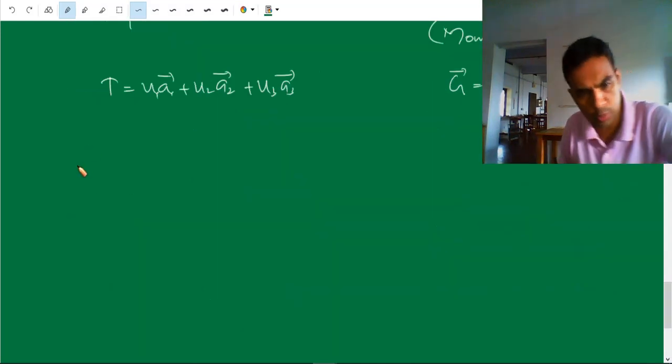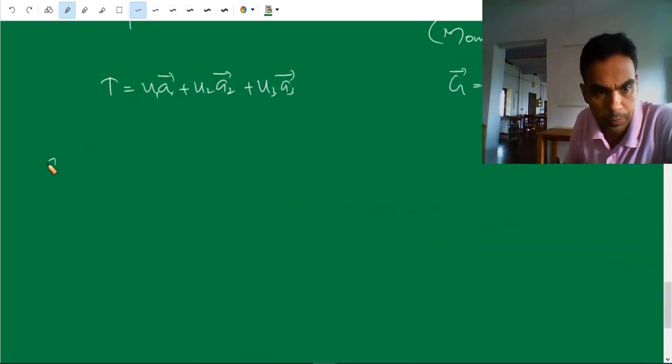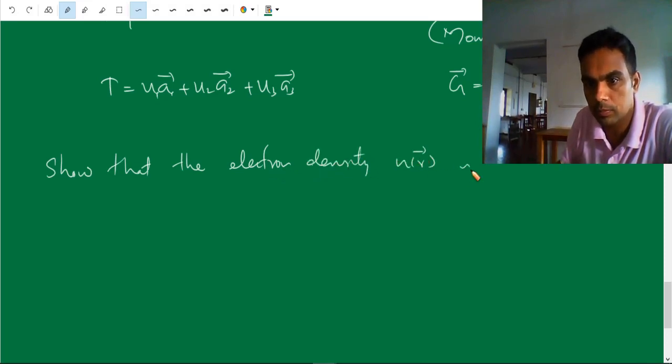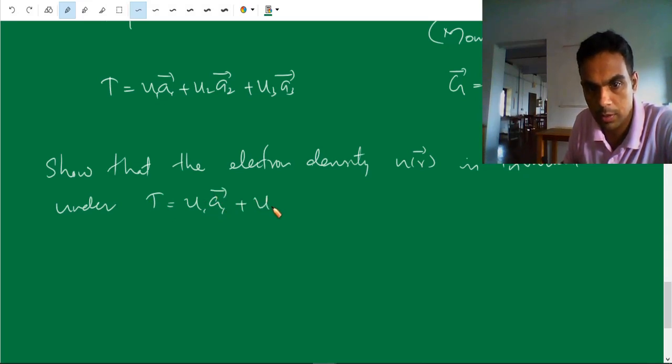Now let us do a small problem. Show that the electron number density n of r is invariant under translation T equal to u1 a1 plus u2 a2 plus u3 a3.